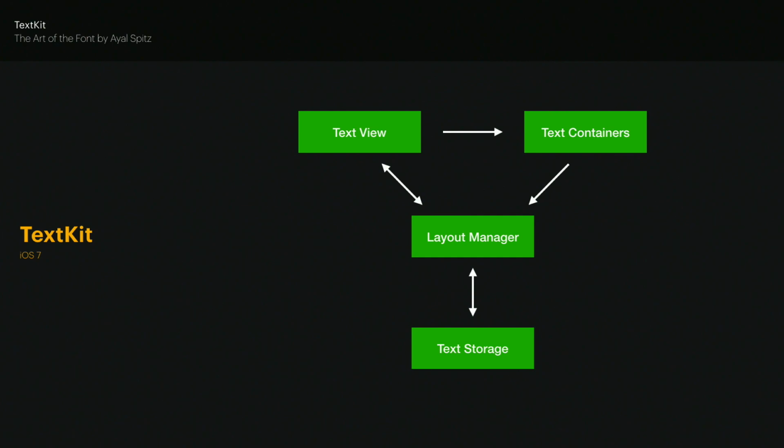Apple gives us this really nice architecture of a text view, a text container, a layout manager, and text storage, and of course, to go with them, they provide us with classes for each one. And the neat thing here is that you don't actually have to change much to get what you want.